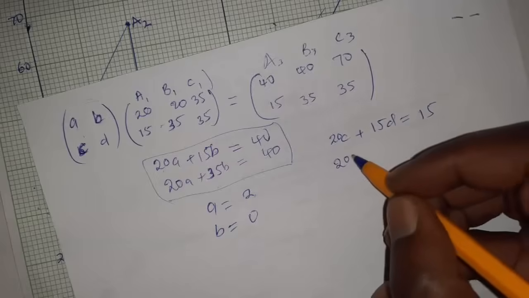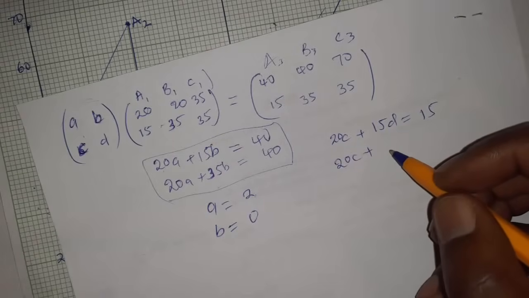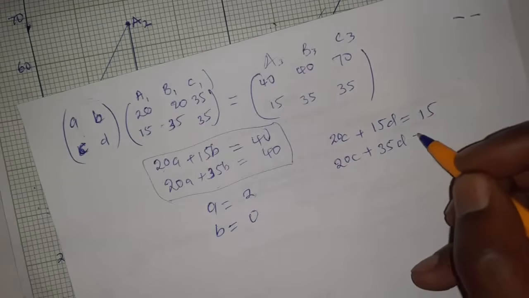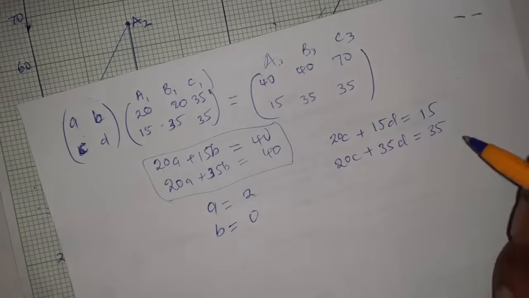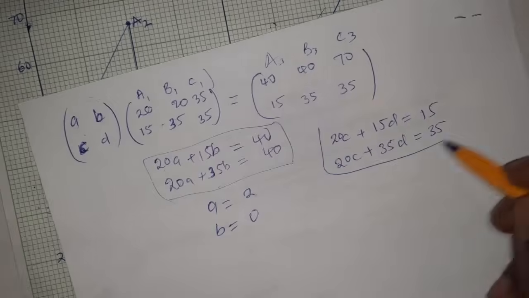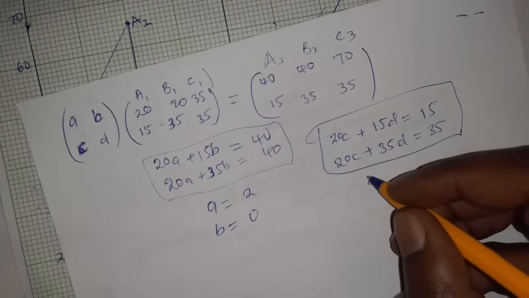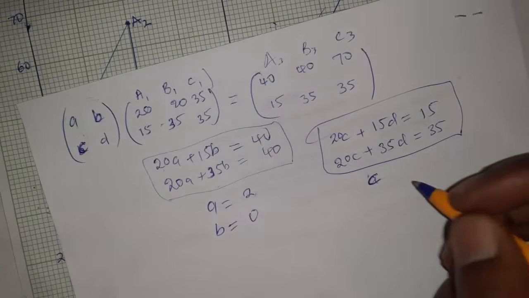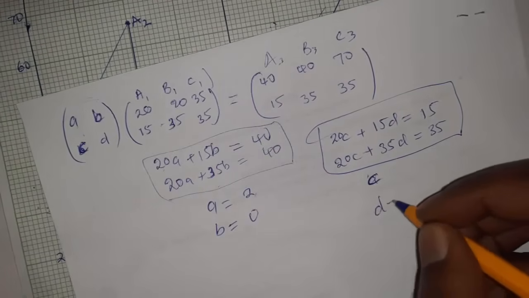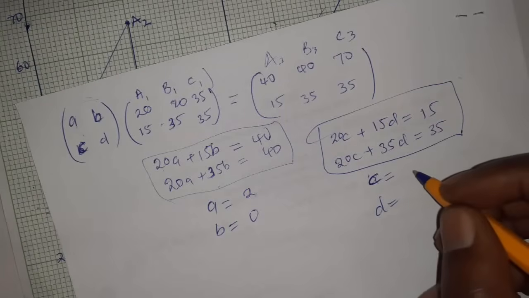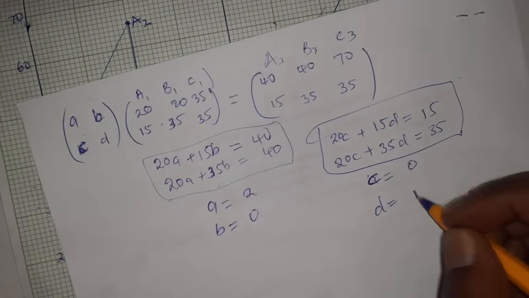Then 20C plus 35D is equal to 35. You work these also out simultaneously. You're going to get your C and your D. So your C is going to be 0 and your D will be 1.